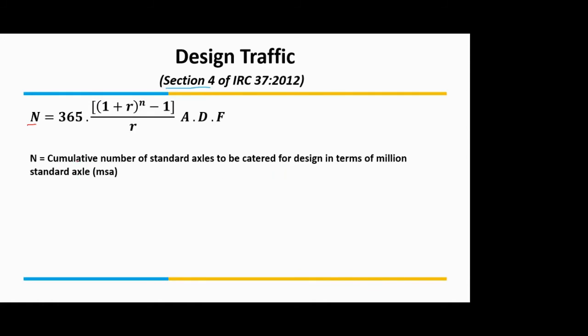It's a long name for a term, but what you have to take from this is that N is a cumulative count. Cumulative count of what? A cumulative count of the number of standard axles.